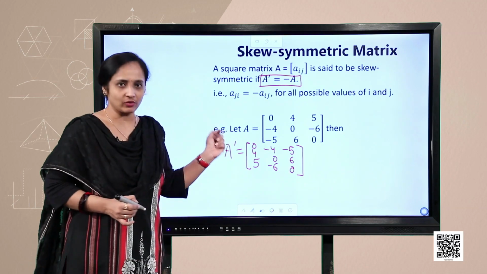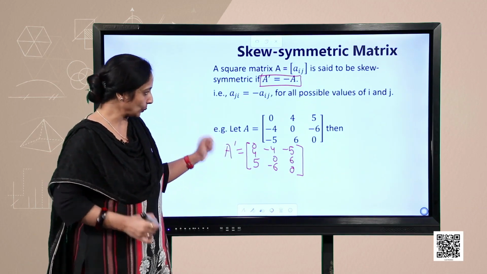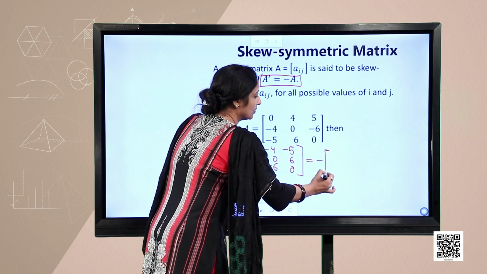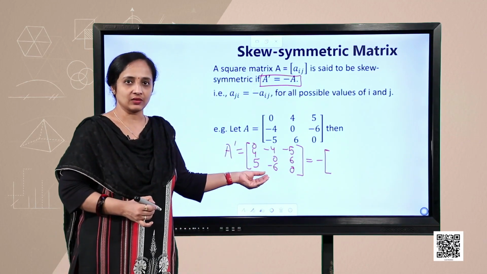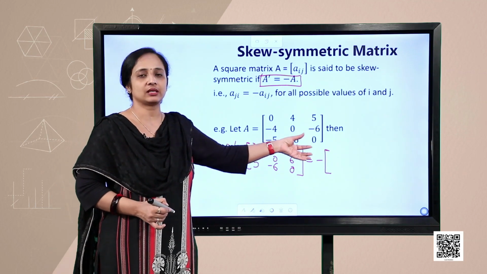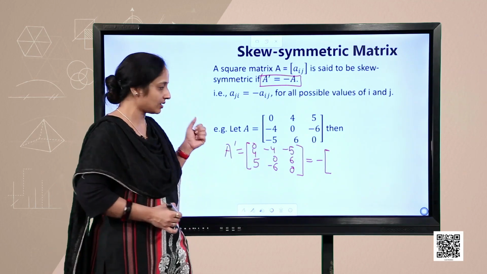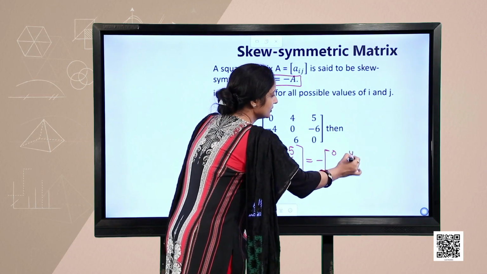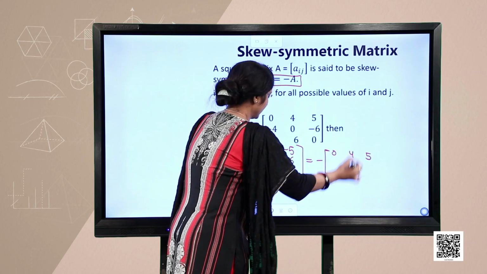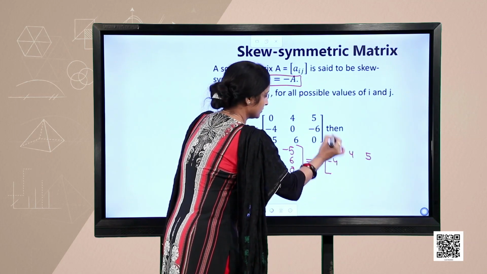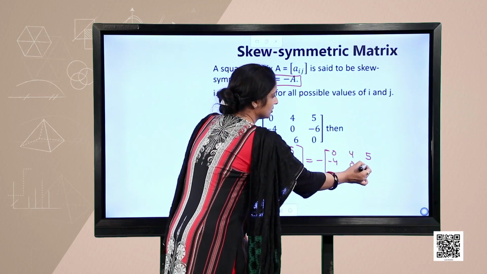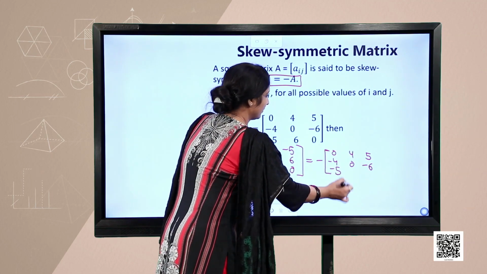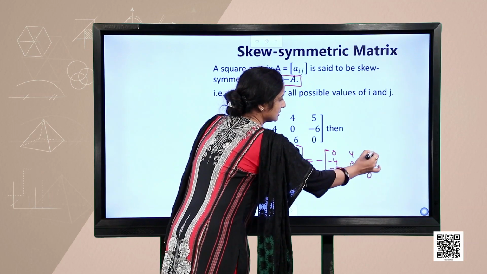Is there any connection between A and A transpose? No. But now if you take the negative sign common, that means you are taking minus 1 common from all the elements. It becomes 0, 4, 5, this becomes minus 4, 0, minus 6, it becomes minus 5, 6, 0.